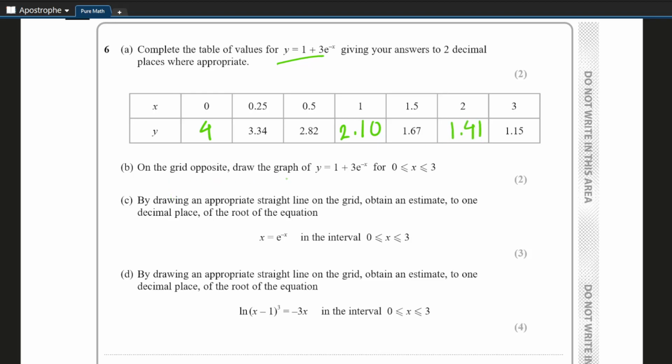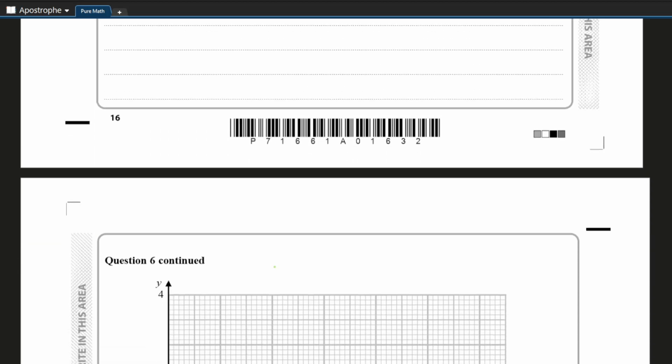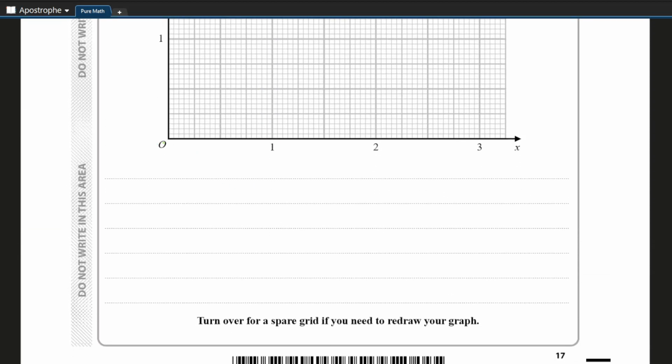In the grid opposite, draw the graph. So we're gonna draw the graph. 0, 4.